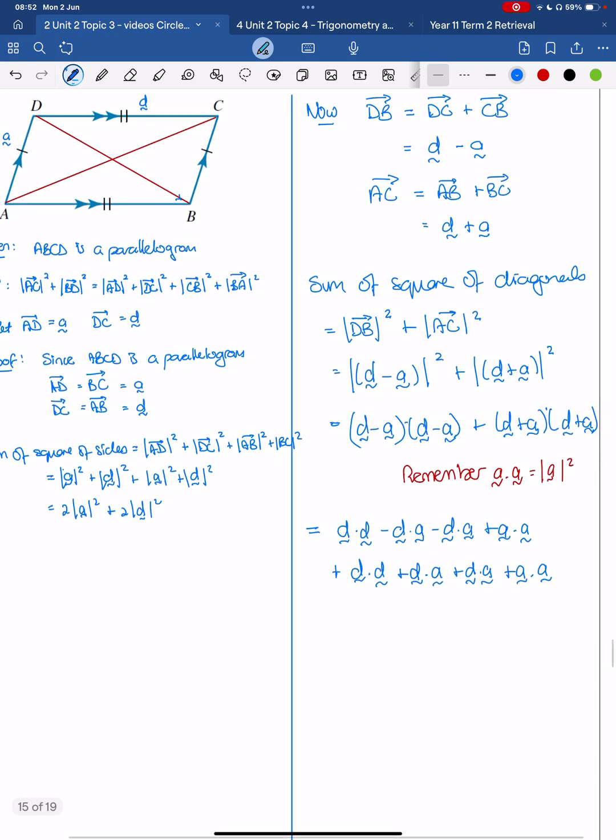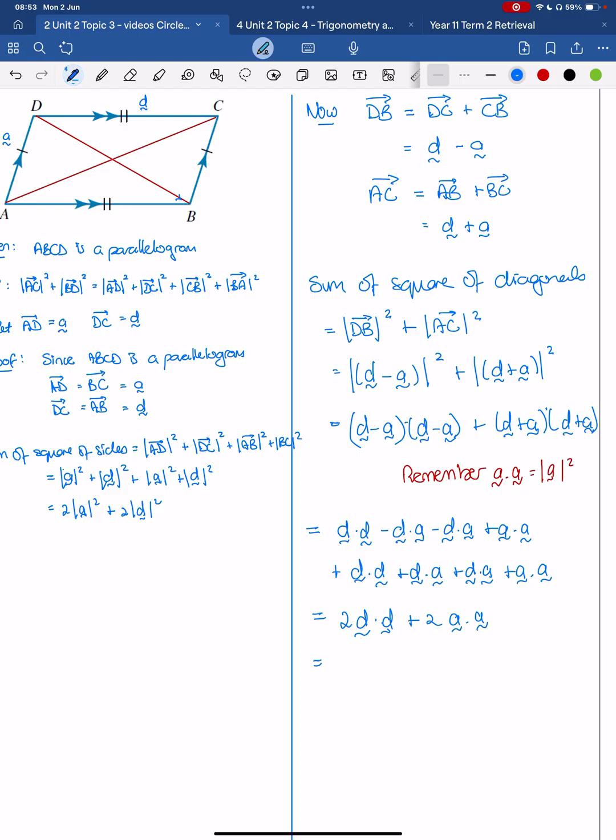And when I simplify through there, I get 2 times d dot d plus 2 times a dot a.